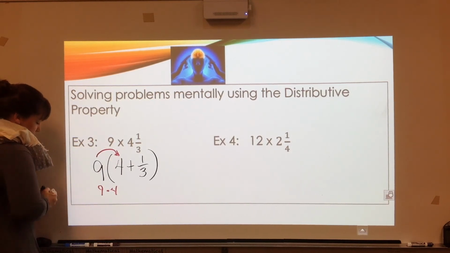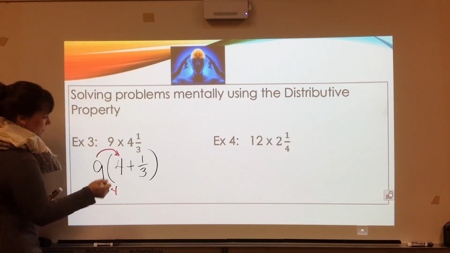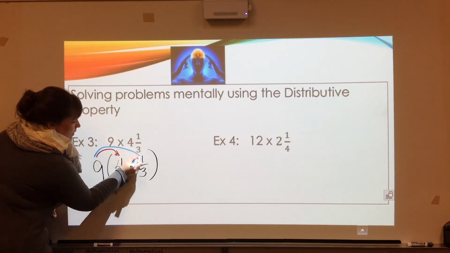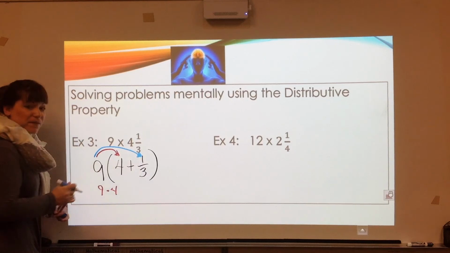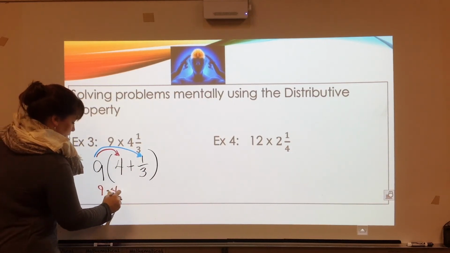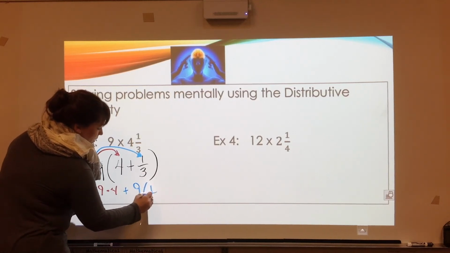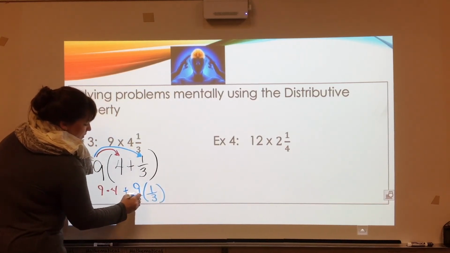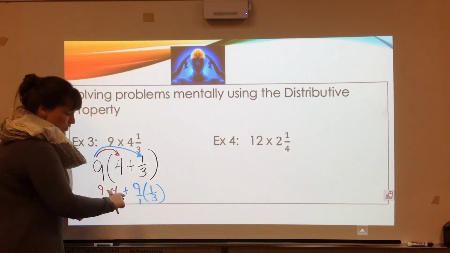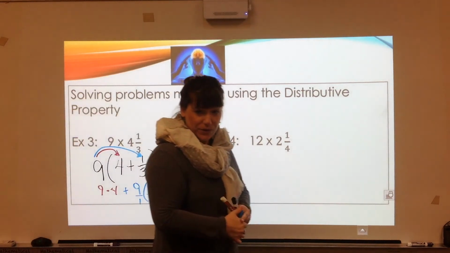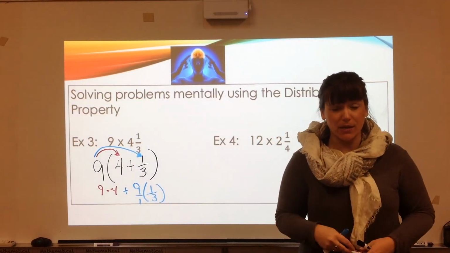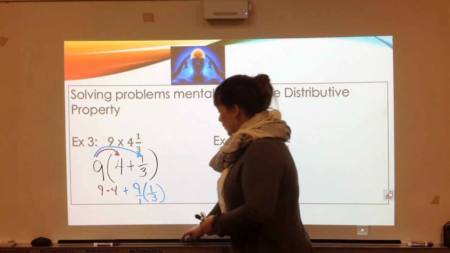And then we can take the whole number 9 and pair it with the fraction 1/3. We're going to add. So 9 is going to be paired with 1/3. This is a lot easier to do. 9 times a third is just 9 over 3, which is the whole number 3.